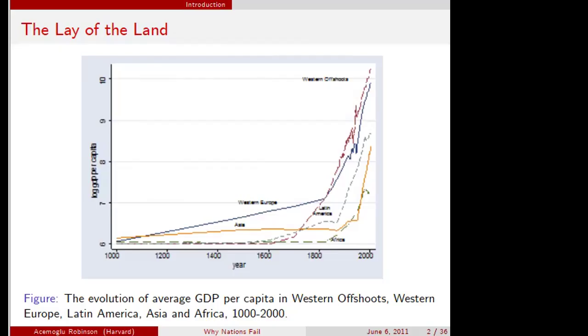Importantly, as we are a part of Asia, Asia stayed flat for a long time before starting to rise. And Africa, which was once at the top, at least in the year 1000, now stays at the bottom the whole time. So the question is, why this divergence? Why did some countries take off and others didn't?